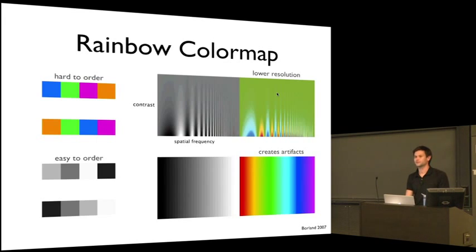And it creates artifacts. This is very bad because it actually distorts your data. If we use a continuous gradient from black to white, then it's a perfect mapping to our data, let's say 0 to 100. But if we have the rainbow color maps, this is also a continuous mapping of the hue.